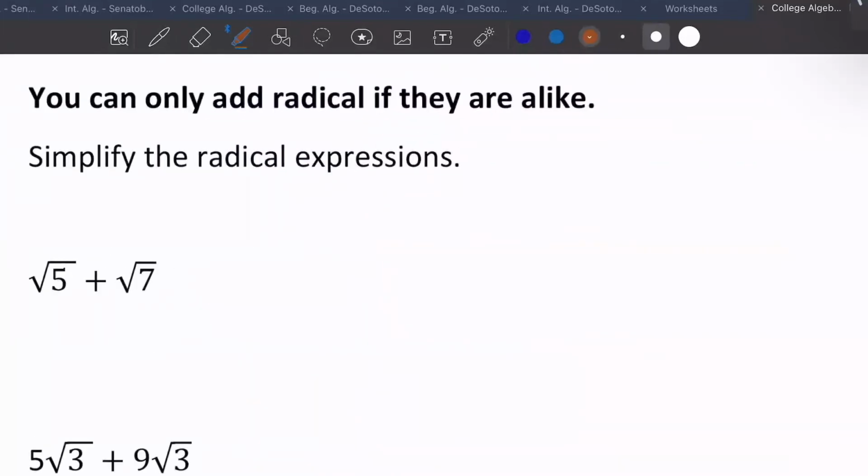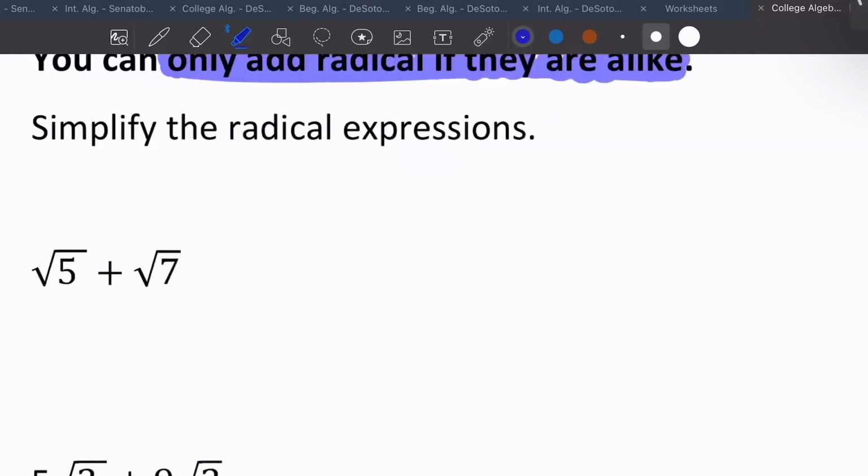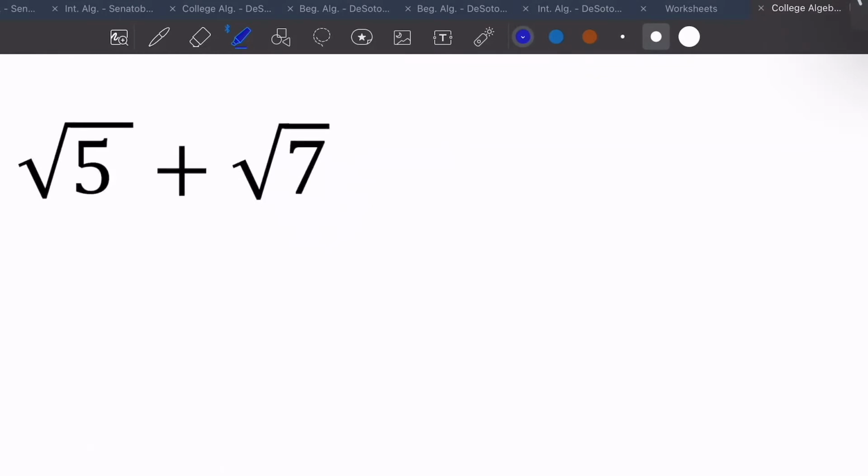So we can also add radicals, but we can only add radicals if they are alike. Very important. Add radicals if they are alike. Okay, so the square root of 5 and the square root of 7, obviously those are not the same. We cannot add those together.